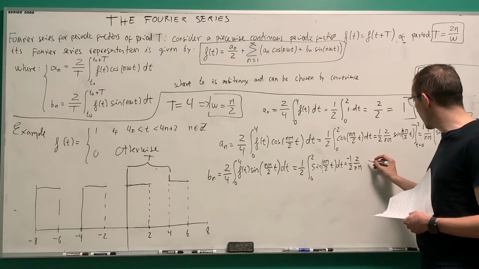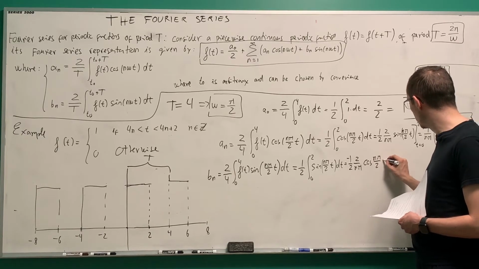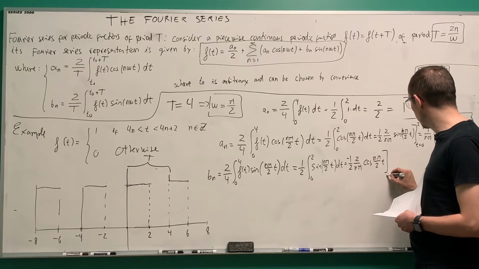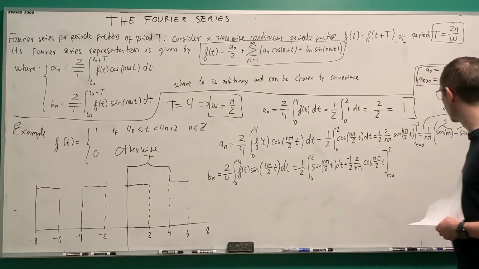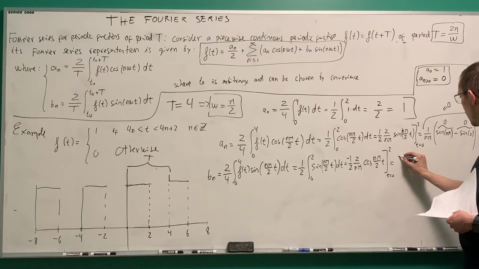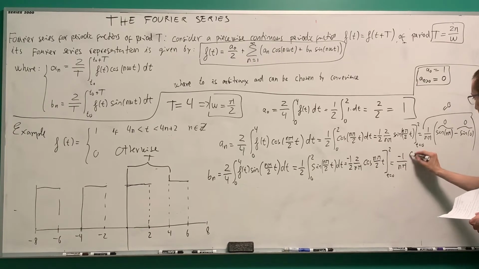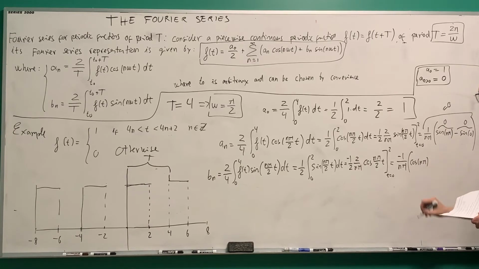Then I get the cosine of n pi over 2 t evaluated from t equals 0 to 2. If we simplify a bit, the 2 cancels, minus 1 divided by n pi, and then I get the cosine of n pi minus the cosine of 0.